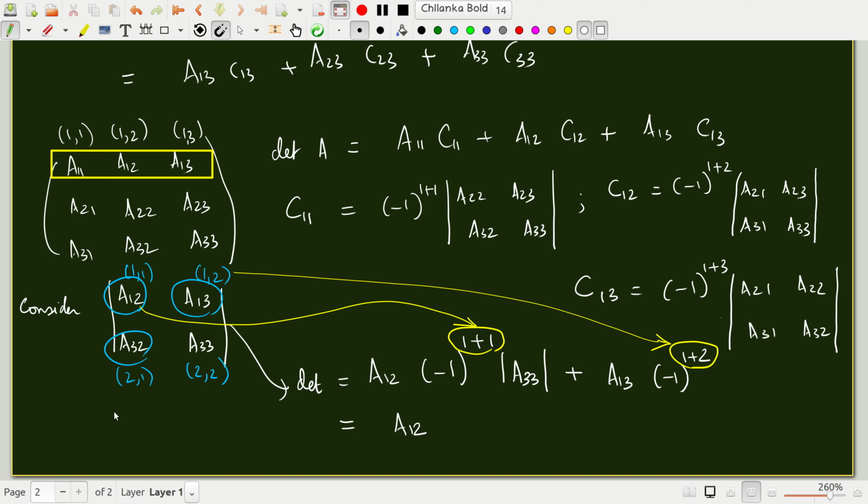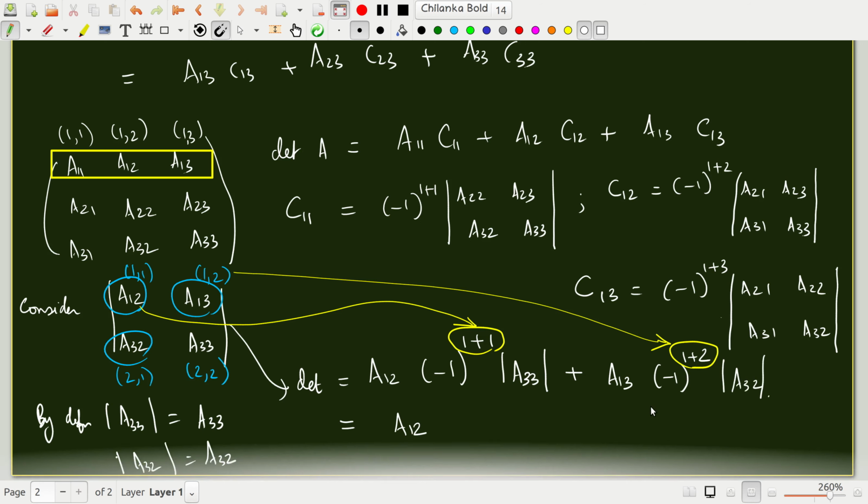Now, by definition, the determinant of a single scalar is just a scalar number, and oh, I'm sorry, I forgot to write this is A32, right? And determinant of A32 is A32. Now again, this is where the notation can cause confusion, right?